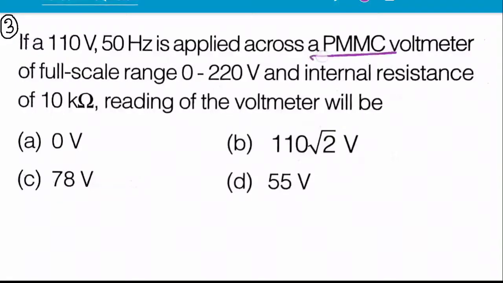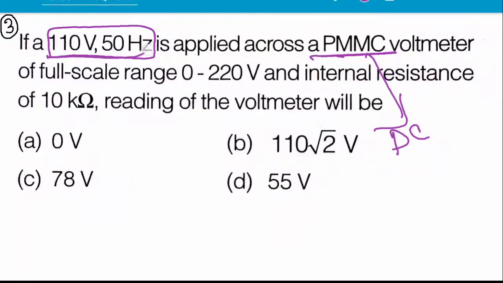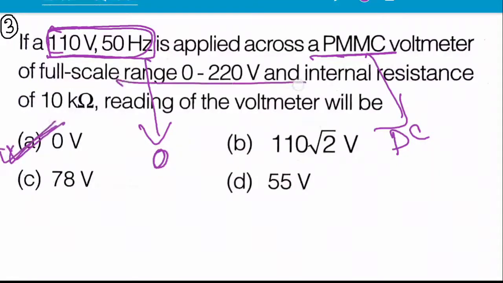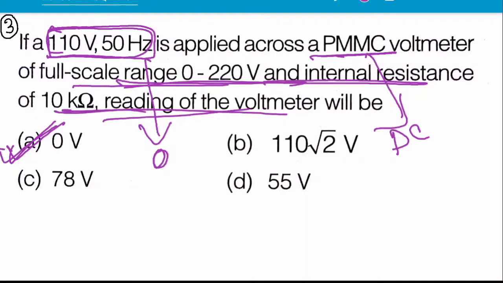PMMC is used only for measurement of DC, and here it is measuring 110 volt 50 hertz, that means this is AC, so its average voltage will be 0, so it will show 0. All this data is only to deviate, so the answer here will be 0.